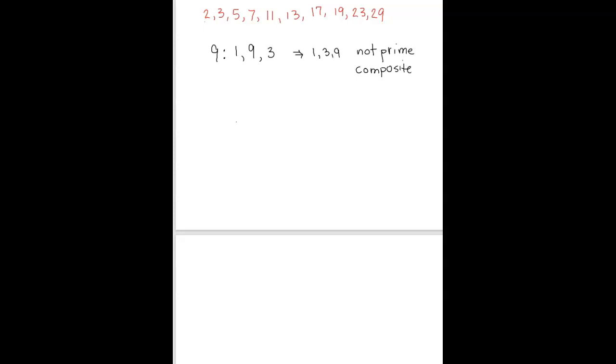All right, so let's take a look at 30. Well, we know that we have 1 and 30. And then we know that we have 2 and 15. Right? This ends in a 0, so it must be divisible by 2. 3 and 10.